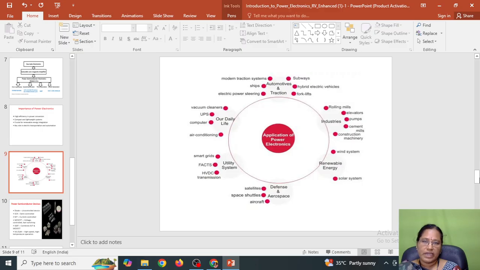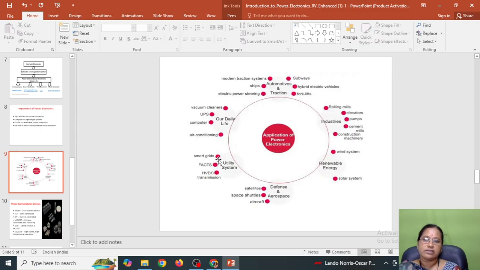The various applications of power electronics: mainly in automotives and tractions like subways, hybrid electric vehicles and forklifts. In industries, rolling mills, elevators, pumps, cement mills and construction machineries. In renewable energy, it is used in solar PV systems and wind energy systems. In defense and aerospace, satellites, space shuttle and aircrafts.